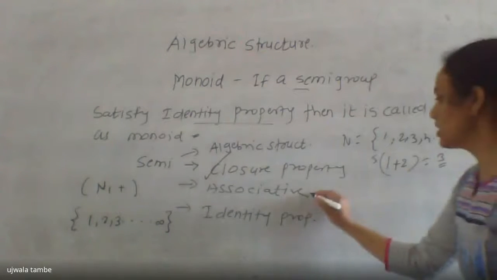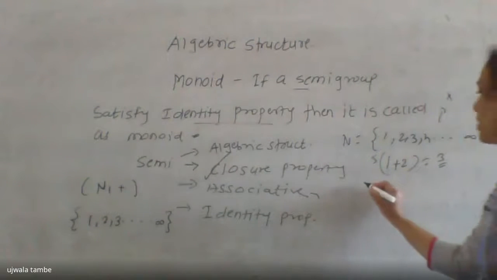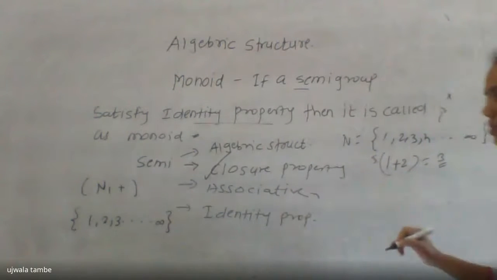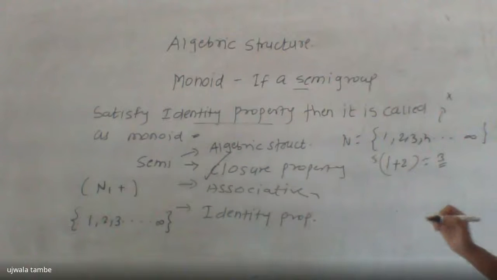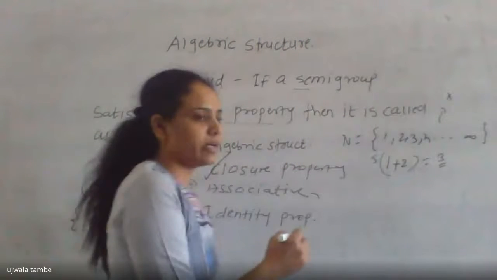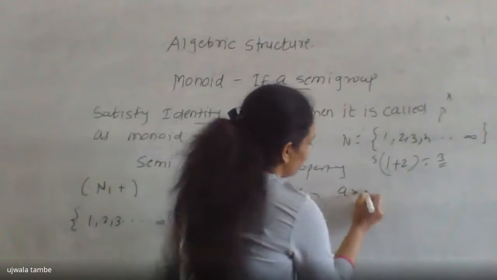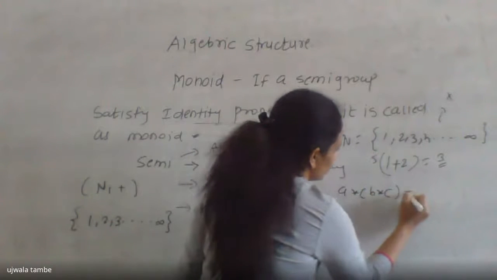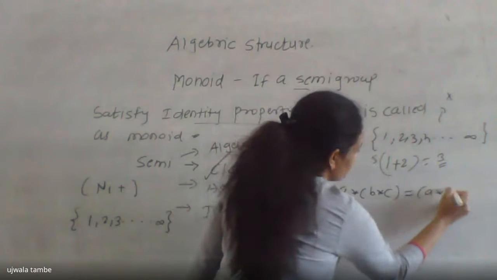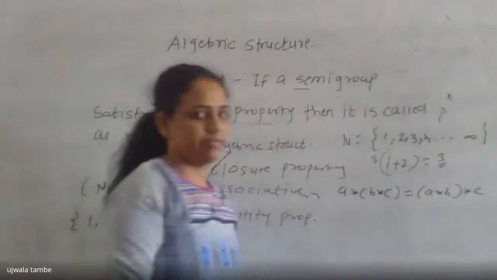Then we have to check associativity. So what is meant by associative? For associativity, we require a minimum of 3 numbers, right? Because our property is (A * B) * C equals A * (B * C).